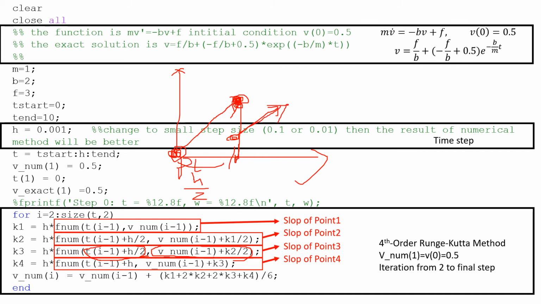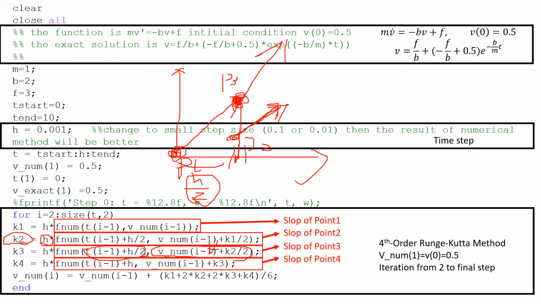This is P1, P2. So the second point slope, we already get here K2, slope multiply the time interval. But because our time interval is only half H, this one will be the K2 over 2. I get this point and I fill this point here, so I can get the third point slope P3.